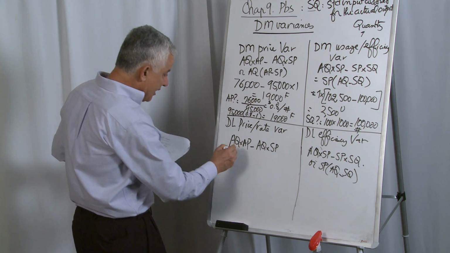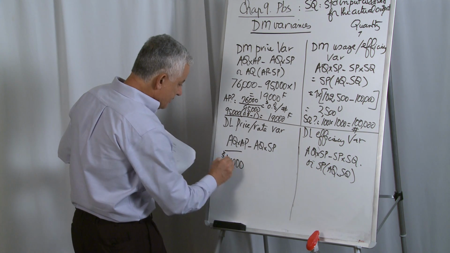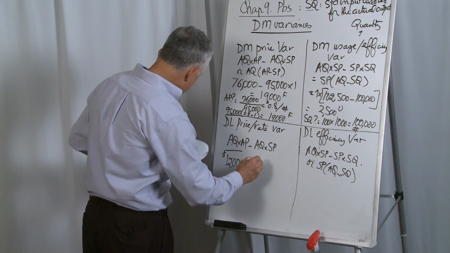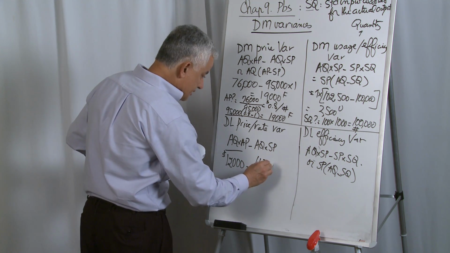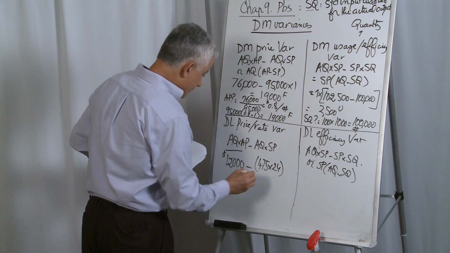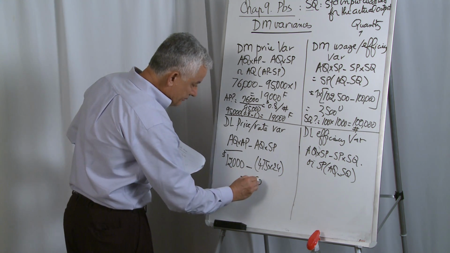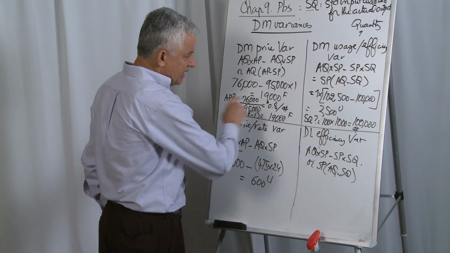So we have 12,000 given, minus 4,475 times 24, which is going to be equal to 600 unfavorable. Again, U stands for unfavorable, F stands for favorable.